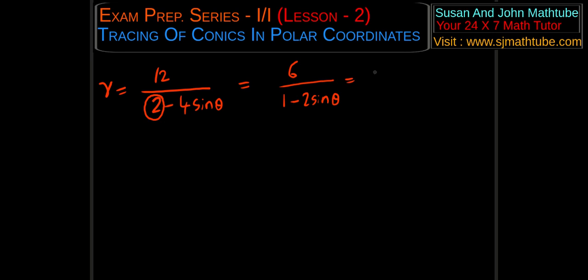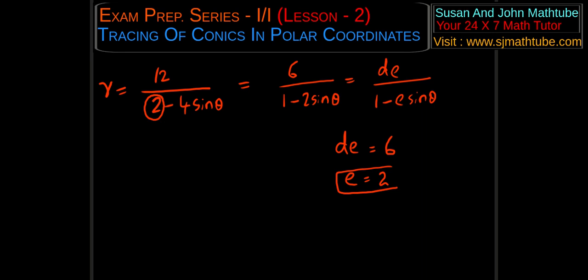Comparing with the standard equation ed by 1 minus e sine theta, we can find ed to be equal to 6 and e is equal to 2. But 2 is greater than 1, and that implies the given conic is a hyperbola.